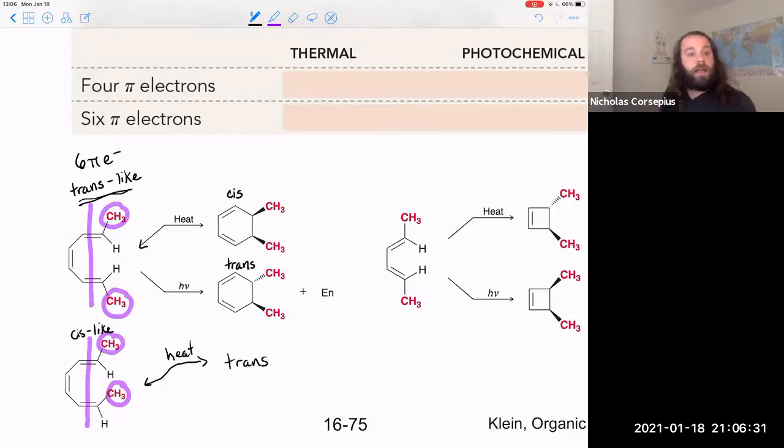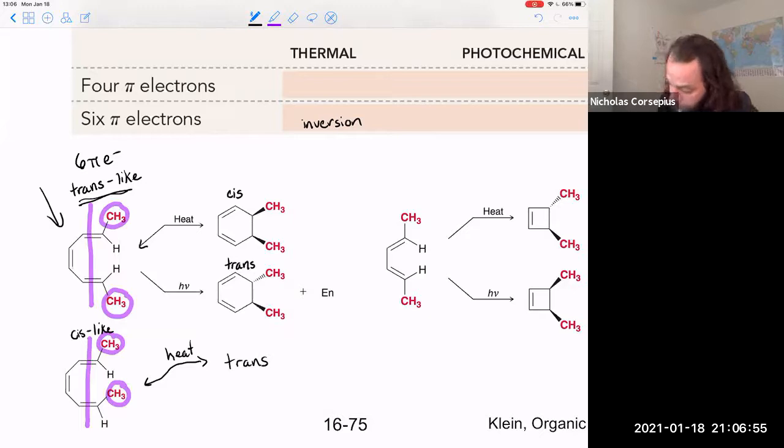So using this made up stereochemical classification for our alkenes, we can show that with heat, there would be an inversion in our stereochemistry. Starting with trans-like, you would get the cis, or starting with cis, you would get the trans-like, and vice versa if you started with cis-like, okay?